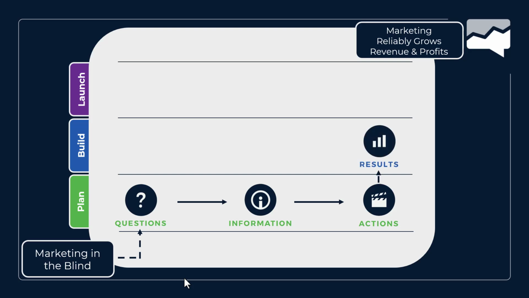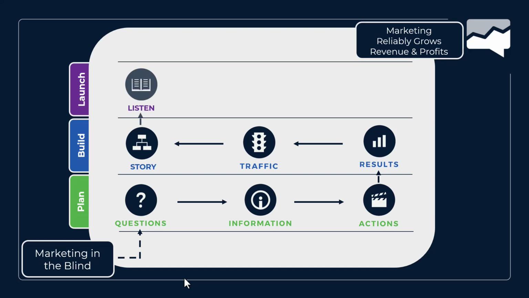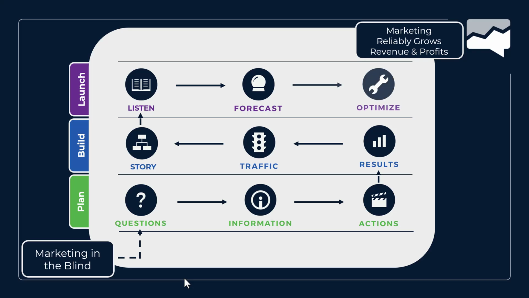Results and traffic and story is about tying your results and traffic together and having it tell you a story. And then launch is about listening to that story, forecasting that story, and then optimizing that story. To learn more about our framework, go to measurementmarketing.io.